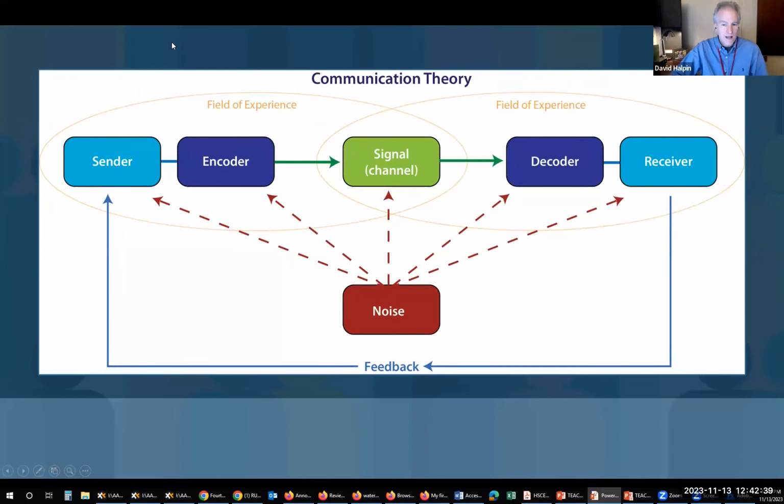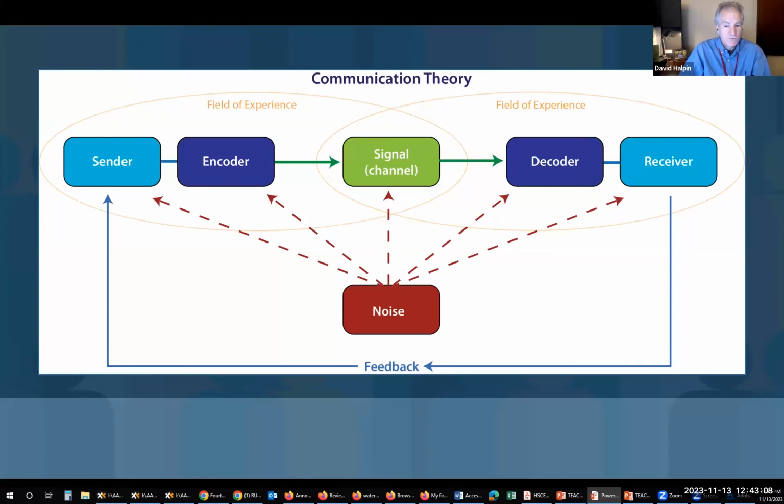And I want to circle back to communication theory to remind you that being inclusive is all about being able to effectively get your message across to your learners. You do that by being aware of how you encode your message and the channels you use to deliver it. So you're using multiple channels, giving learners an opportunity to receive your message in different ways that benefit them.